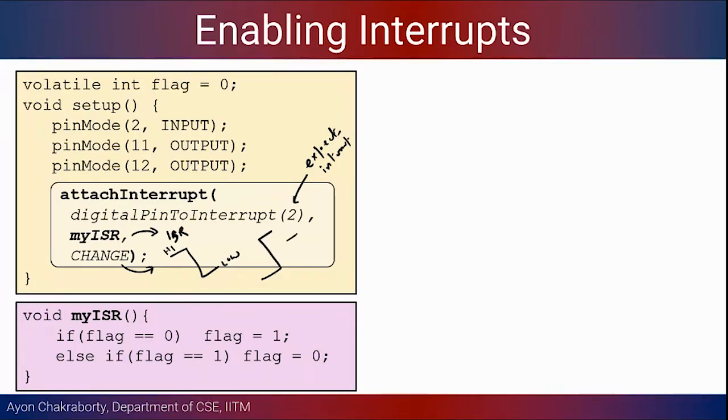Or it could be a falling edge: if it is only changing from high to low, then you raise an interrupt. So you can program that also. From an external interrupt, you can look at whether the switch is going from high to low or from low to high, or you can make it agnostic, so that if there is any change, you raise an interrupt.